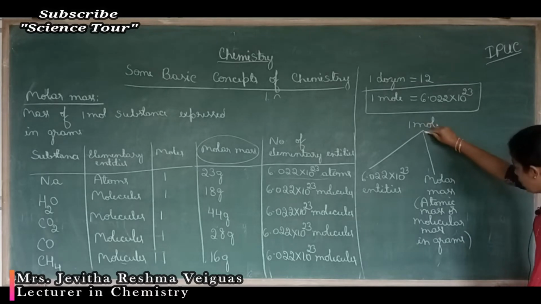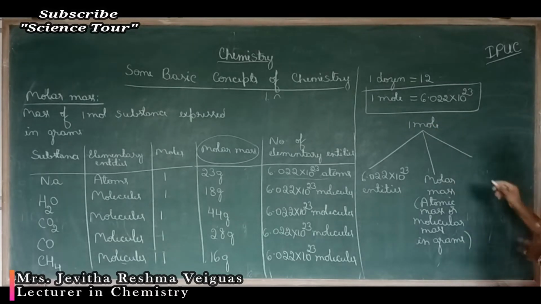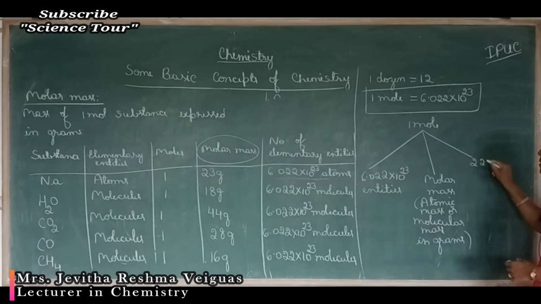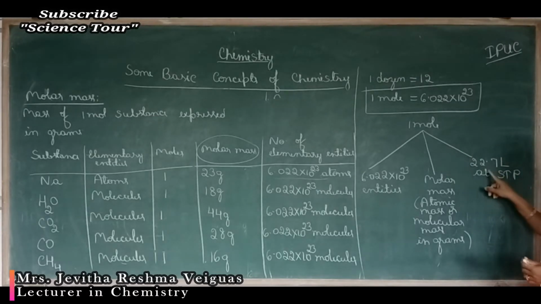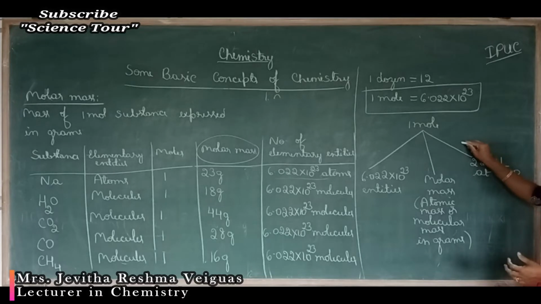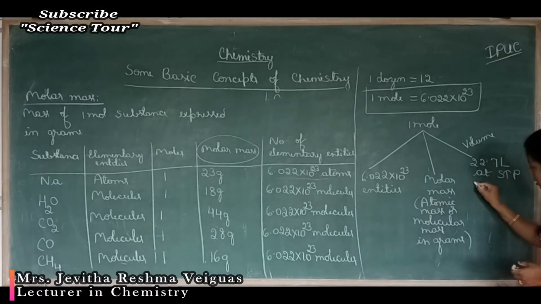And one more thing, 1 mole is 22.7 liter at STP. 1 mole has volume equal to 22.7 liter at STP. What is STP?